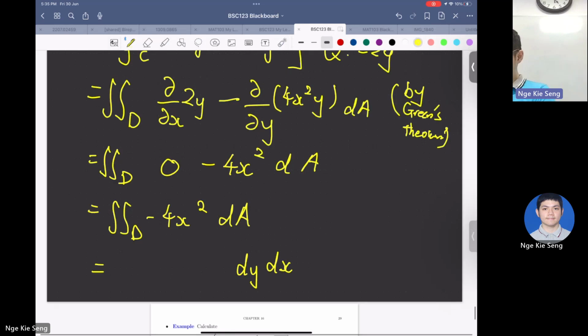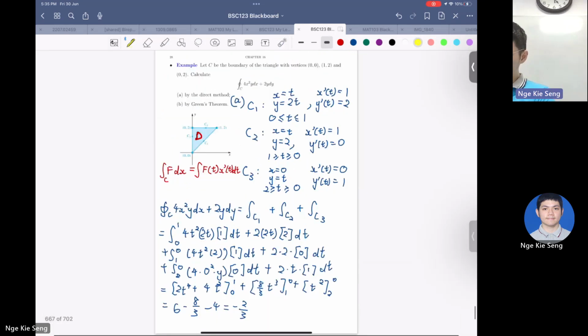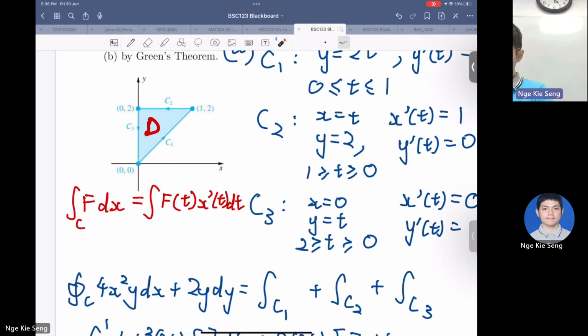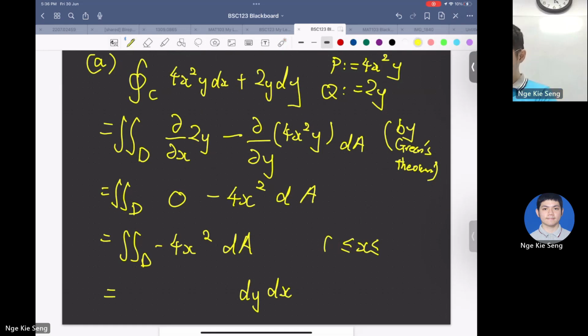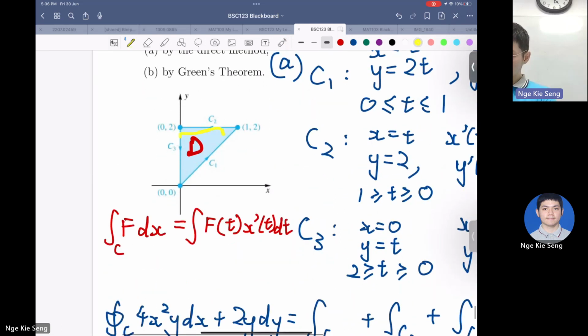So x is going from where to where? 0 to 1. Okay, good. So you see, x is going from 0 to 1. What happened to y?